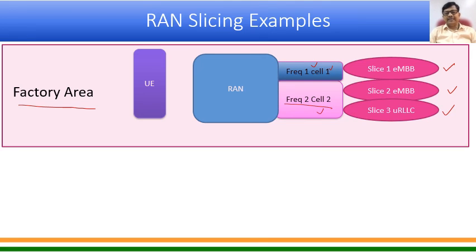Operators can configure it this way so that in a factory area, whatever cells are there, support for URLLC is given. That means the slices supporting URLLC use cases can be made available.